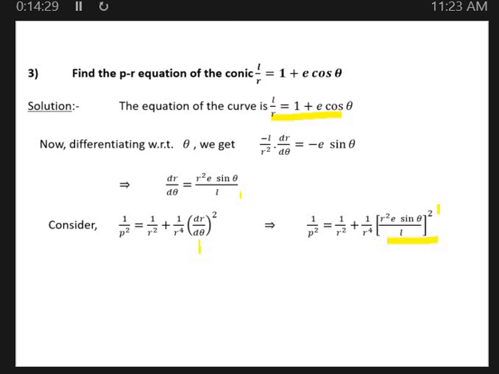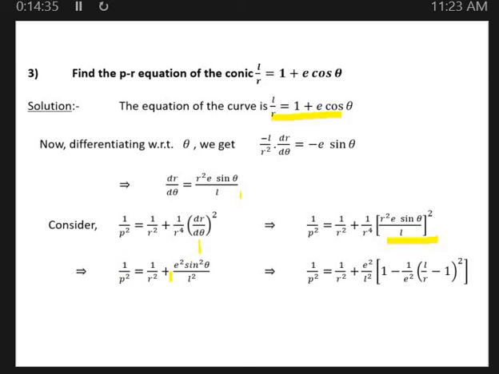Now squaring and simplifying this, we get 1 by p square is equal to 1 by r square plus e square sin square theta by l square. See, r to the power of 4 cancels here. So further this implies 1 by p square is equal to 1 by r square plus e square by l square into 1 minus 1 by e square into l by r minus 1 whole square.